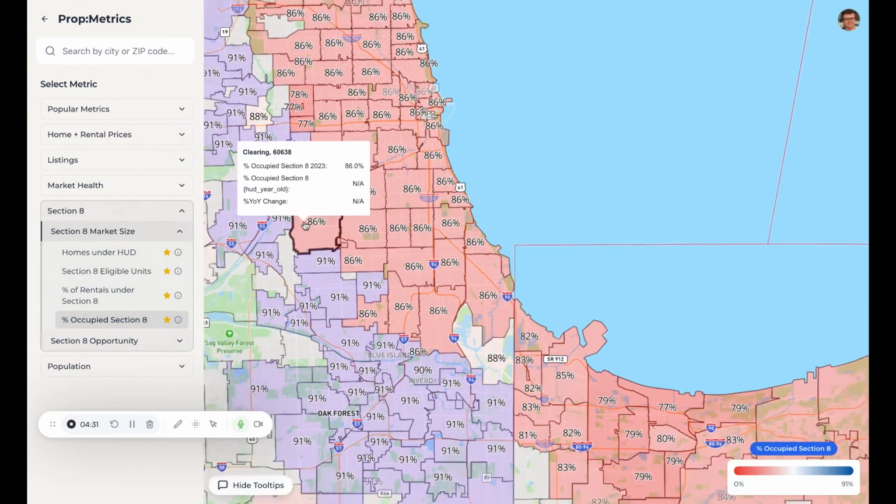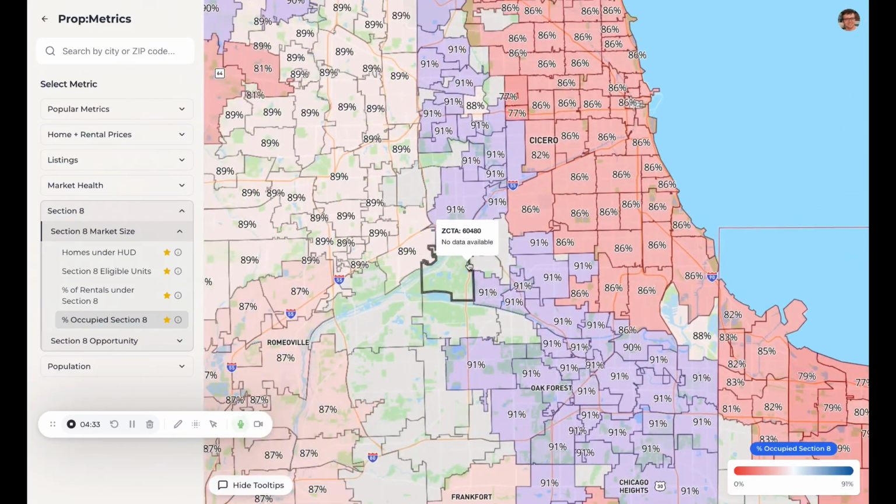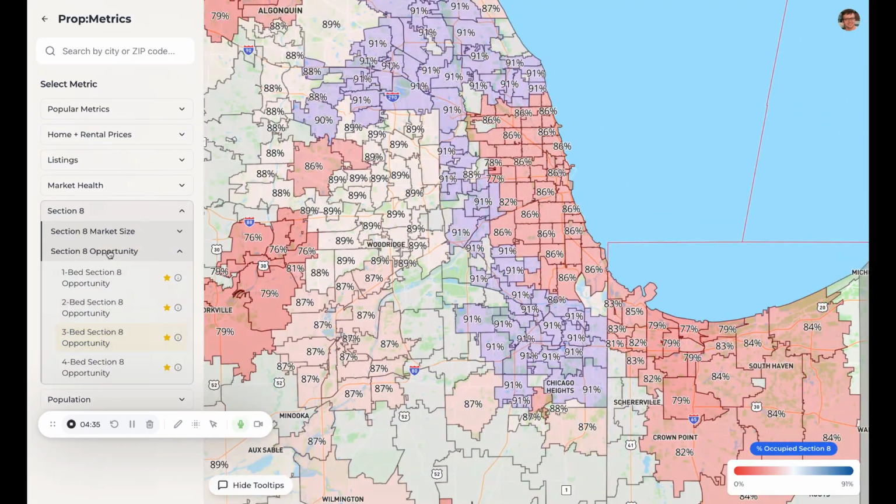You can look at what's the occupancy rate for various Section 8 jurisdictions. And let's say you're trying to buy a property, okay? And one great thing about Section 8, besides the fact that you're being paid by the government, not your tenant, is that sometimes you will have the government pay you more than the market would, right?